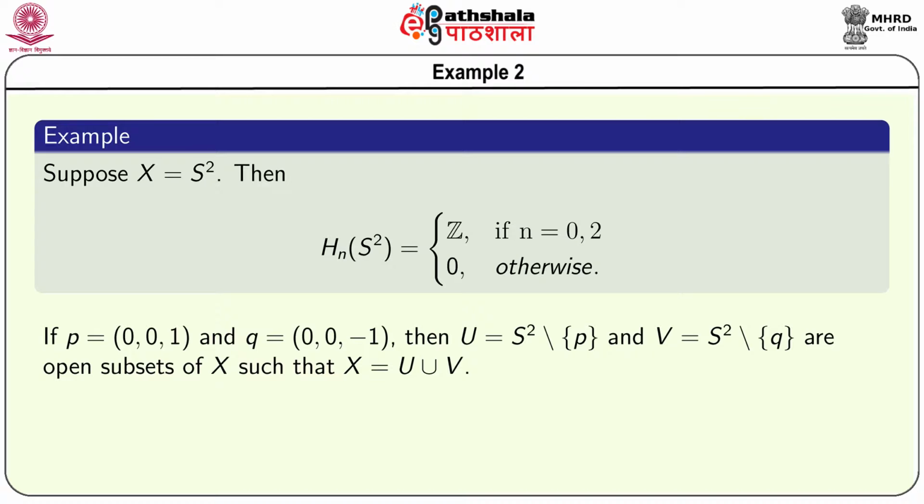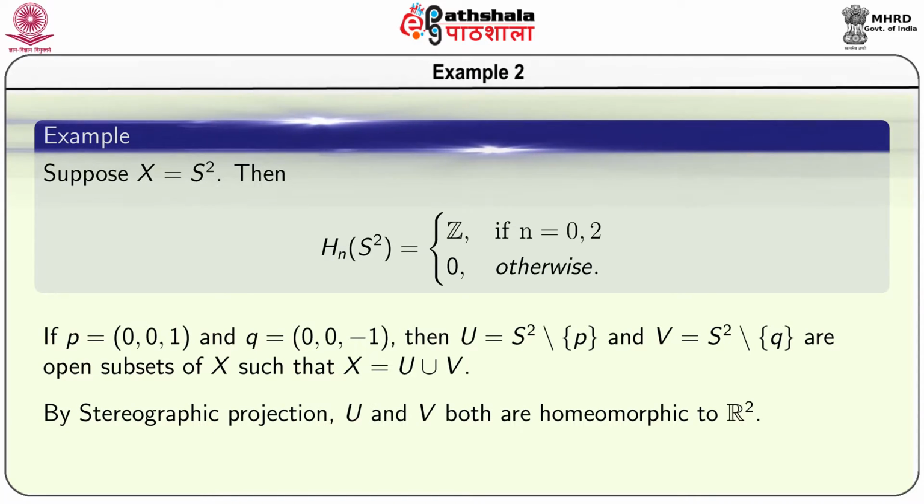So, we take 2 points P and Q from S2 and delete them from S2 to get the open sets U as S2 minus P and V as S2 minus Q, such that X is equal to U union V.